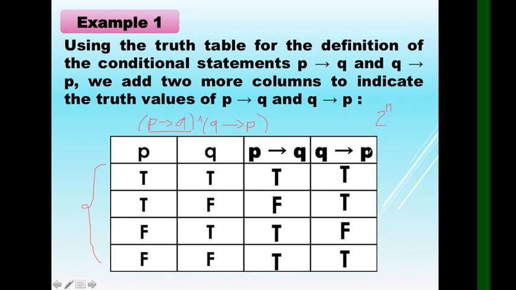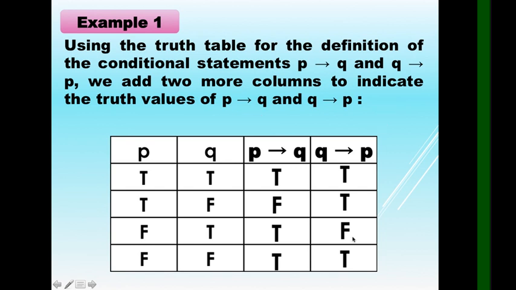For Q implies P, that is our second parenthesis. Q implies P. So we will start with Q: T and T, we have T; FT is still T; TF is false; and FF is true. You can watch the video about conditional and biconditional statements in this YouTube channel on why TF is always false.